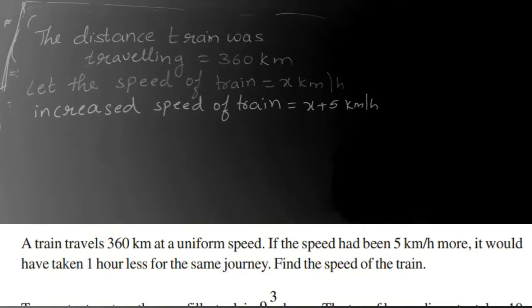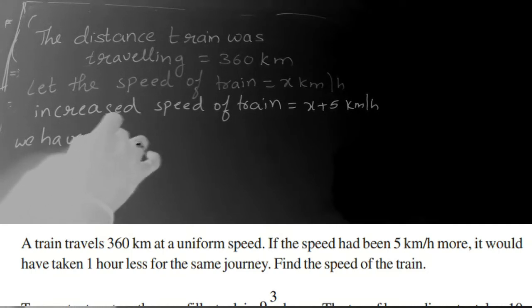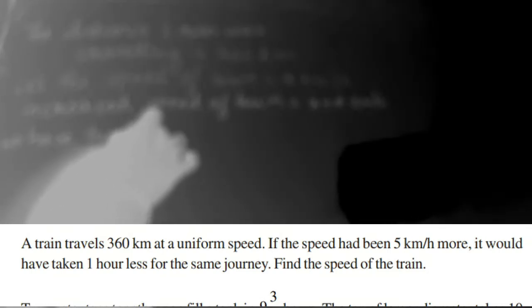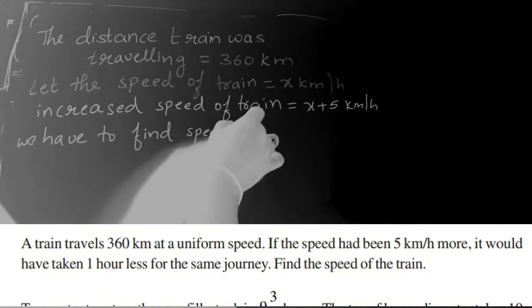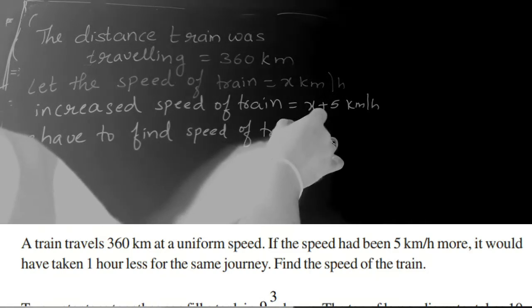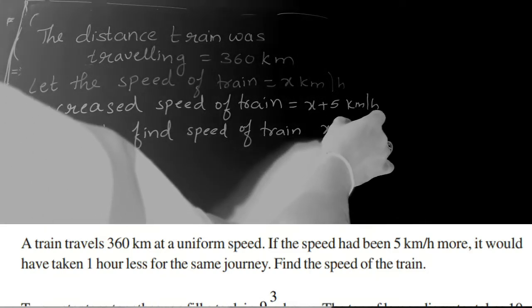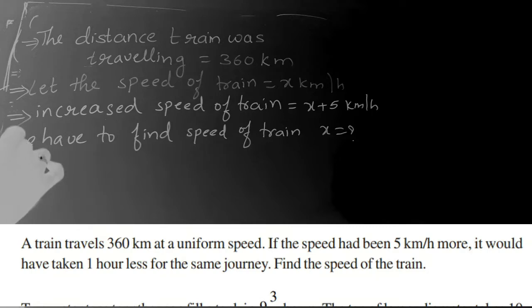So now we have to find the speed of the train, that is x is equal to how much? From this information, we are going to find the speed of the train.